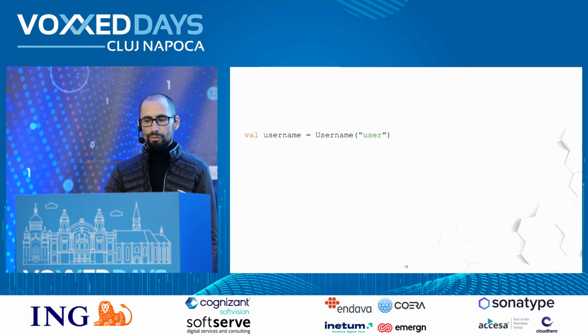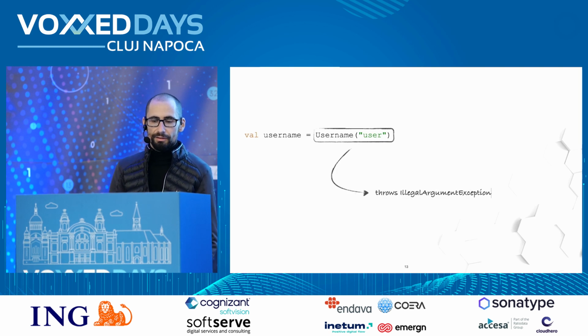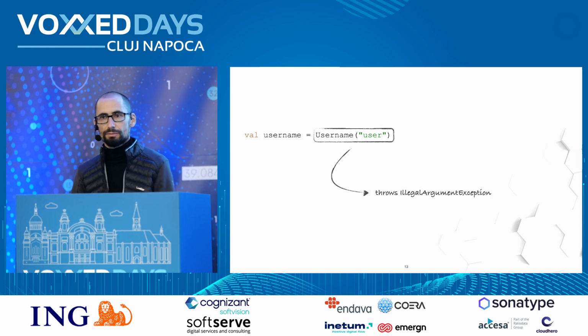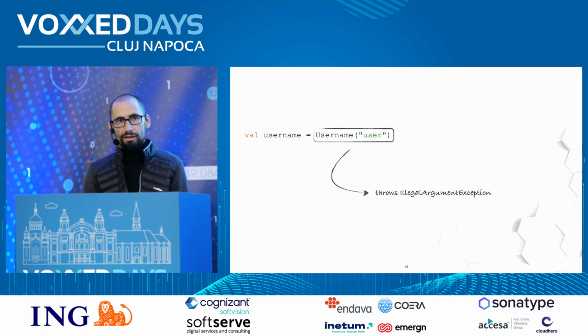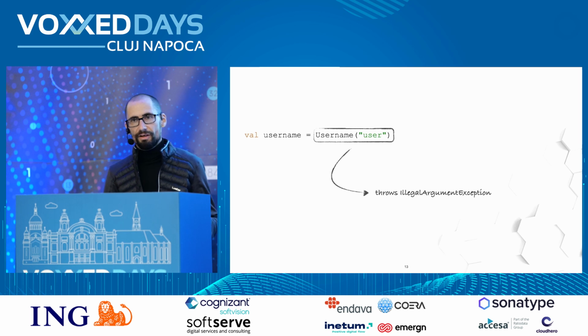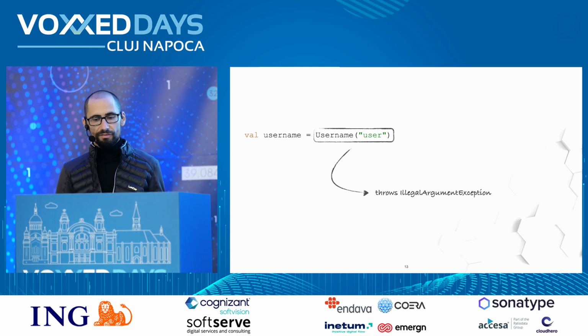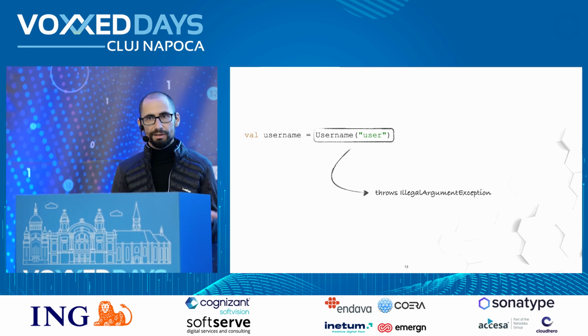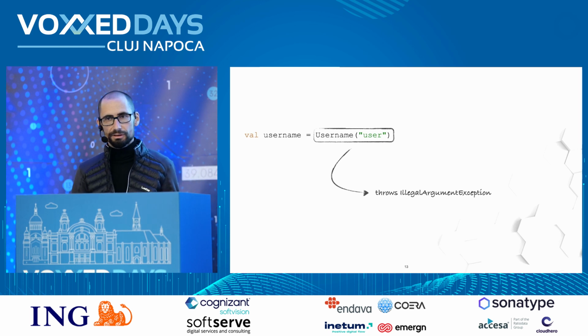But when we are invoking the constructor of our type, we have a problem. Require throws an illegal argument exception. And imagine, okay, let's forget the fact that we don't want to throw exceptions, but we have a problem since we have username, email, and password. If all of them throw illegal argument exception, I don't even know how I would know what failed.